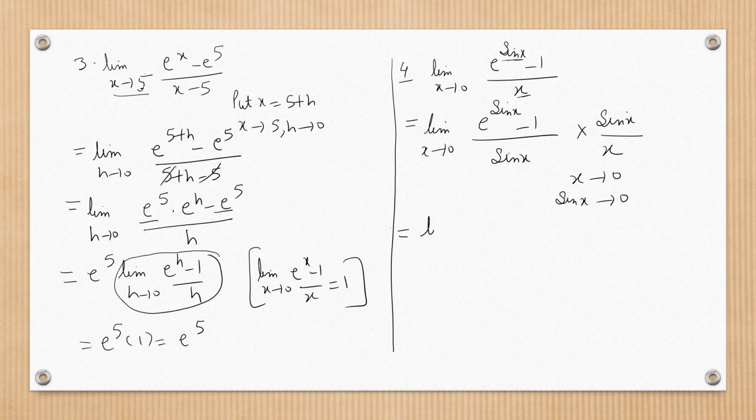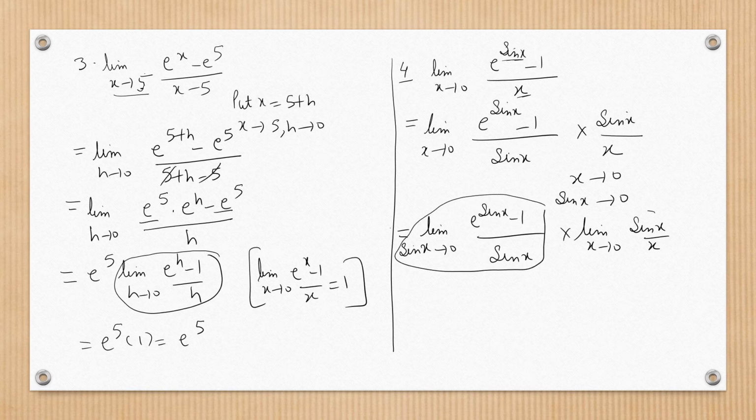So I will just write all of them in standard form. So here it will be limit sine x approaches 0, e raised to power sine x minus 1 upon sine x, and here it is simply limit x approaches 0, sine x upon x. So this result reduces to 1, this also reduces to 1, and the answer is 1 into 1, that is 1.